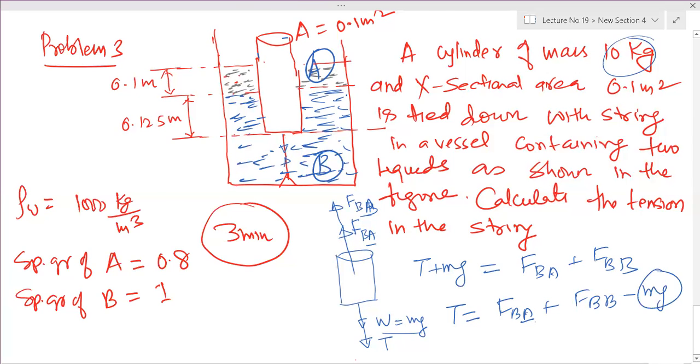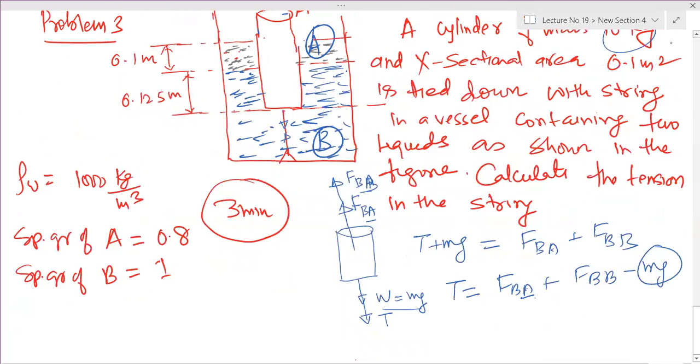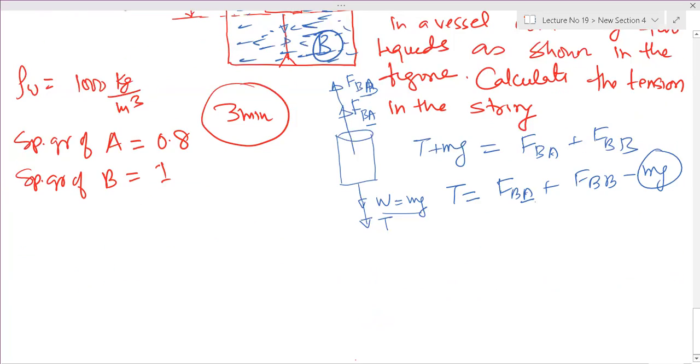Now our job is to estimate the buoyancy force due to A. How much volume of fluid A has been displaced? This much volume of fluid A has been displaced.